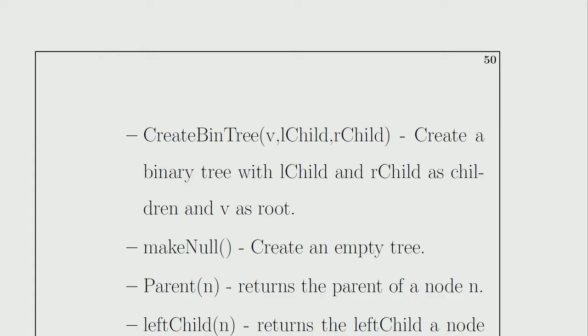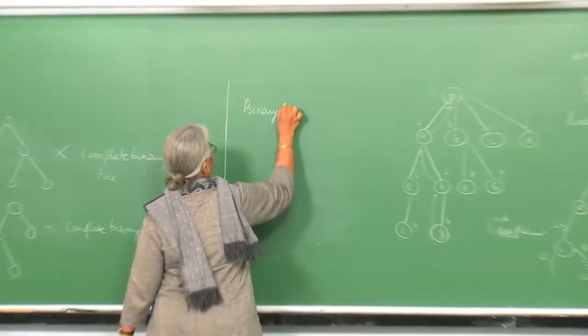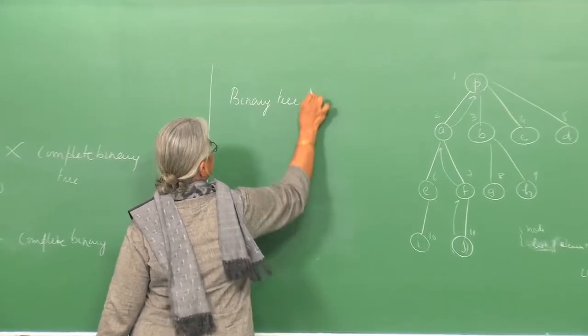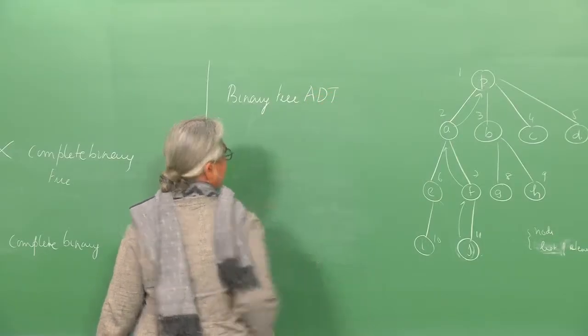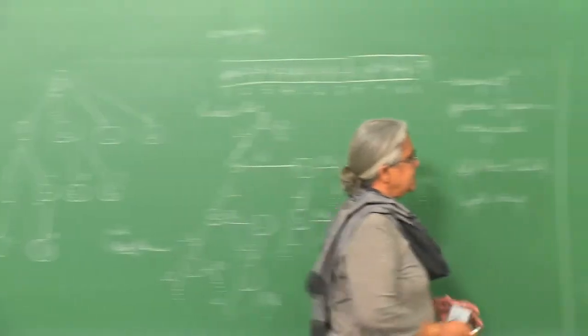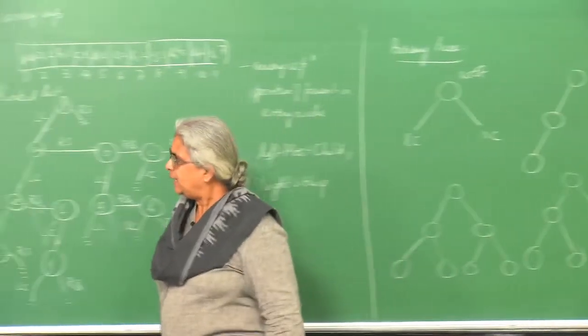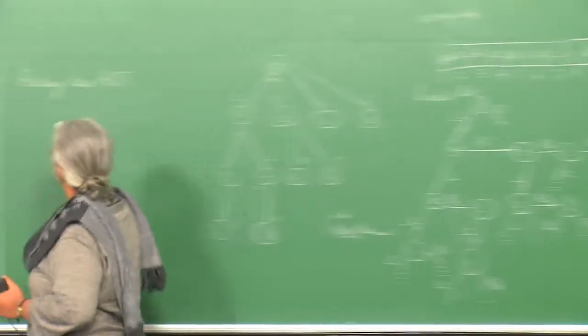So we have the binary tree ADT, abstract data type. Therefore, you have a representation. The representation says there is a root node and there is a left child and a right child. Okay? That is the representation.